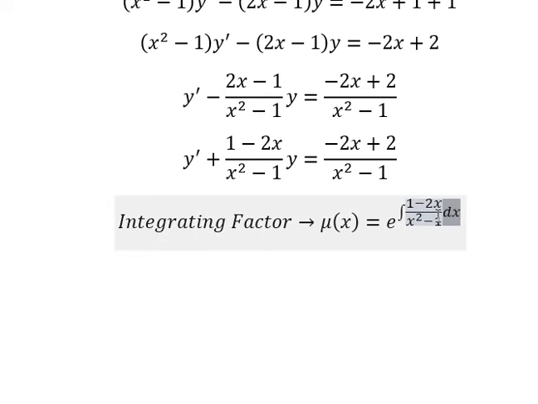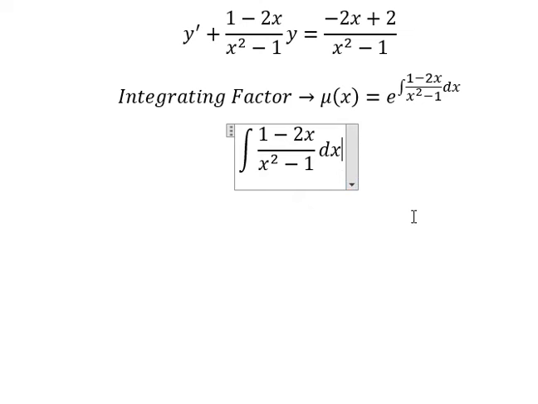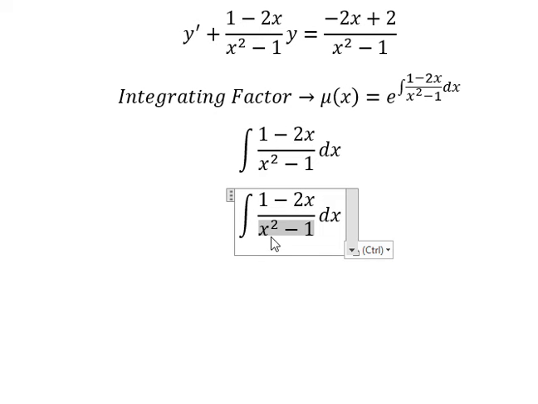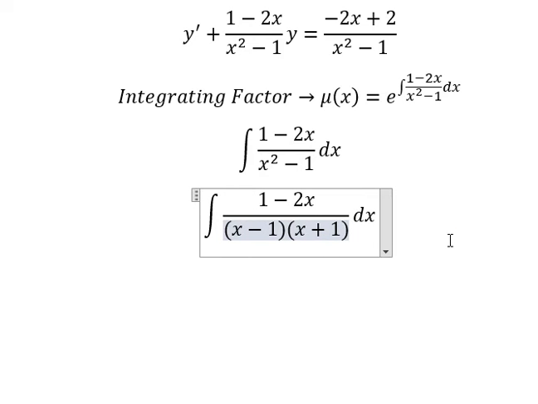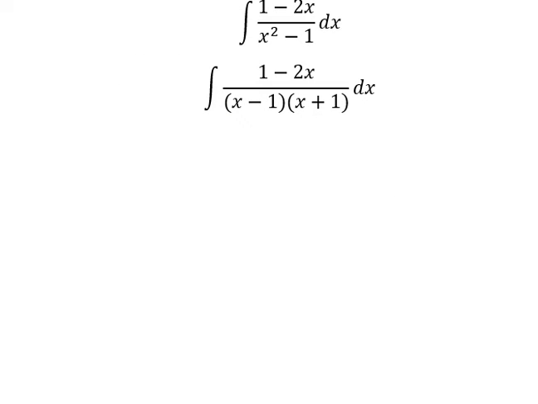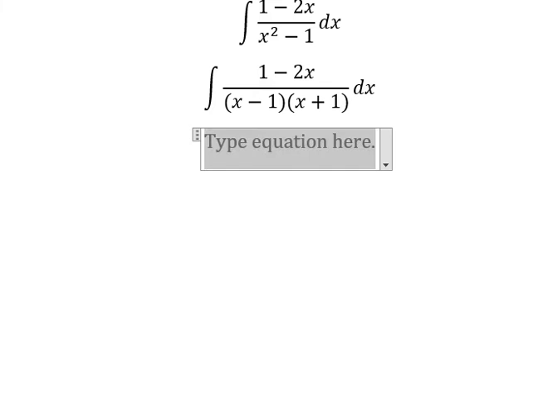Now I will concentrate on this one. This one is about identity, so we can put it into s minus 1, s plus 1. Next, we need to use partial fractions.